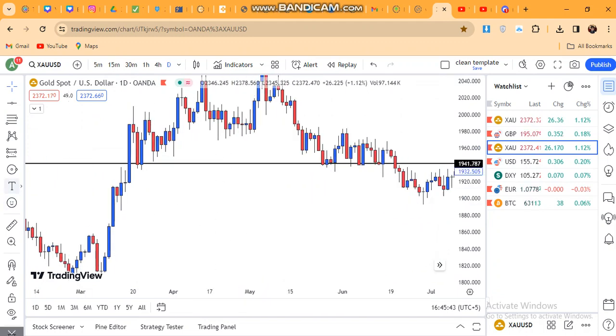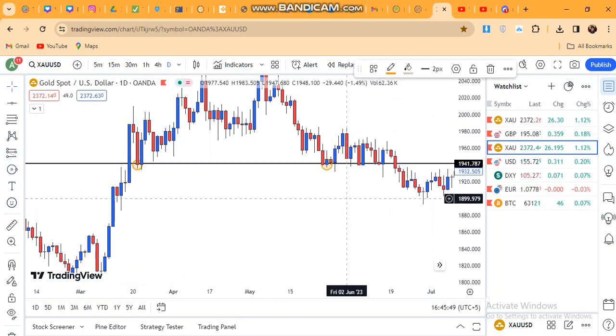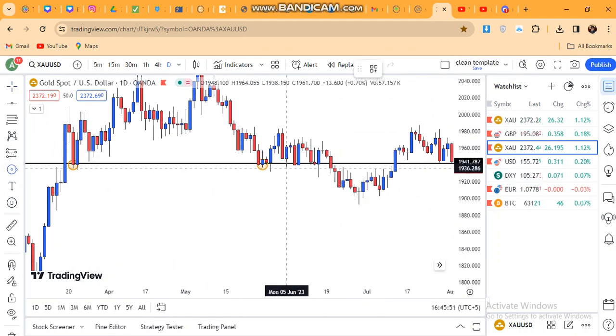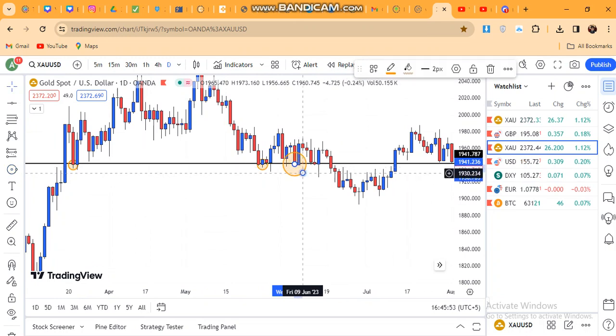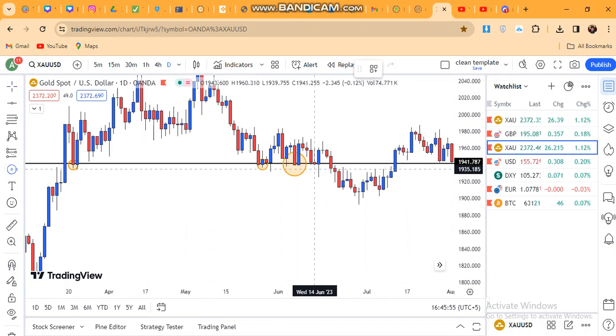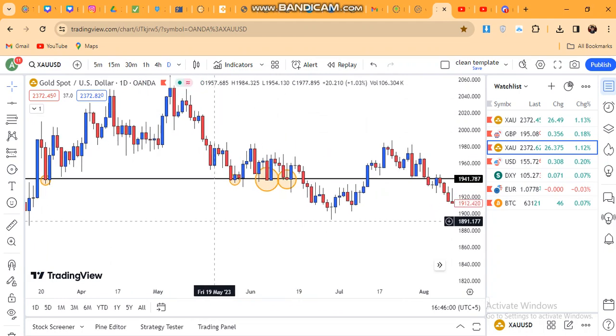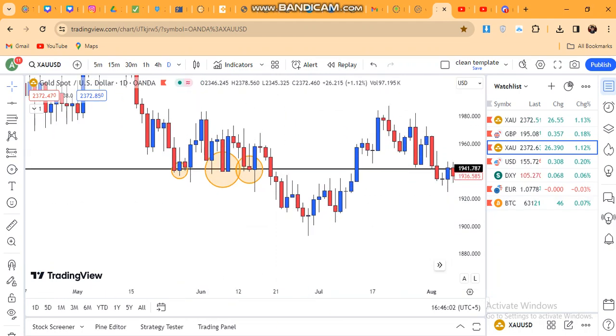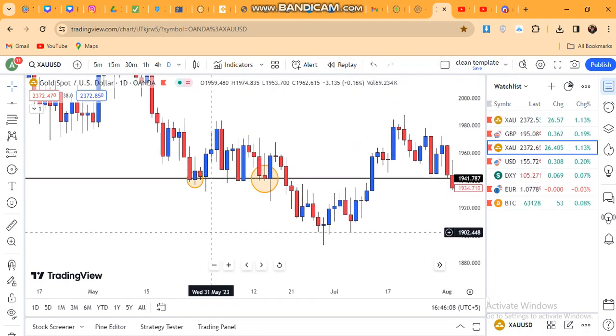For example, we have this touch point, this touch point, this touch point, and this touch point. So this is our support. Whenever price comes to this point, we are going to look for buys.